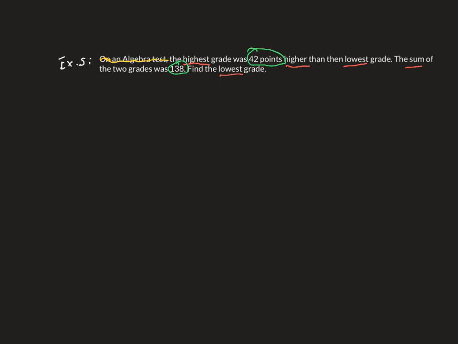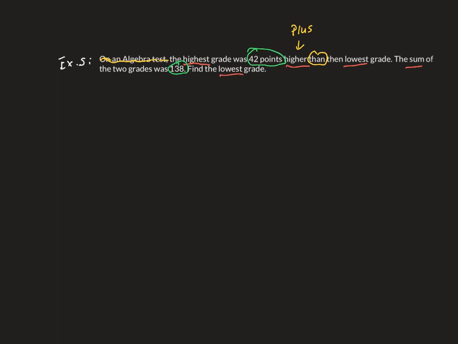Okay. Now, when I say the word higher, higher is another way of saying plus. So if I know the highest grade was 42 points higher than, I'm going to circle this, then the lowest grade.